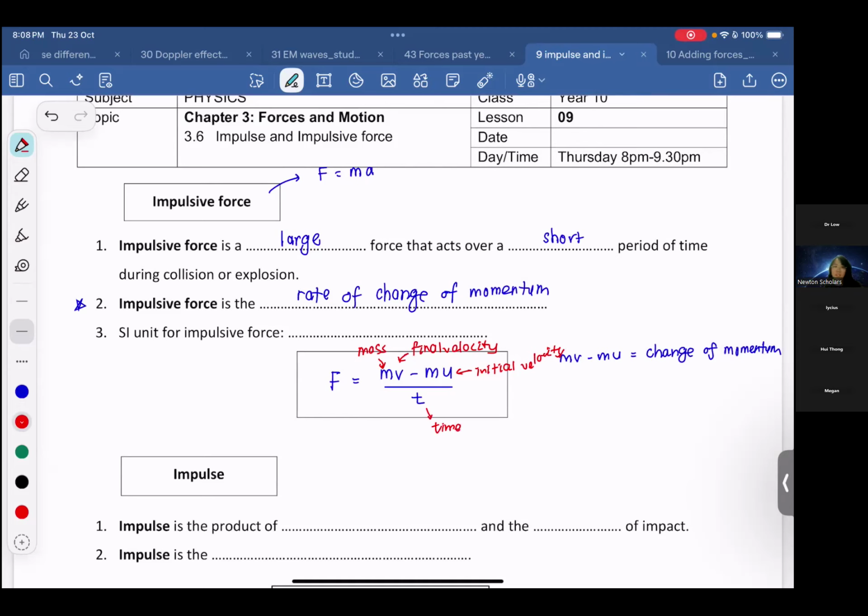Do you know what the SI unit for impulsive force is? Any of you can type your answer in the chat box. What is the unit for impulsive force?